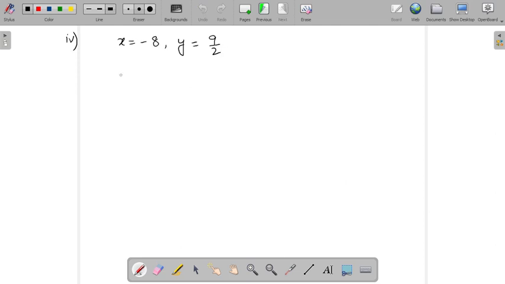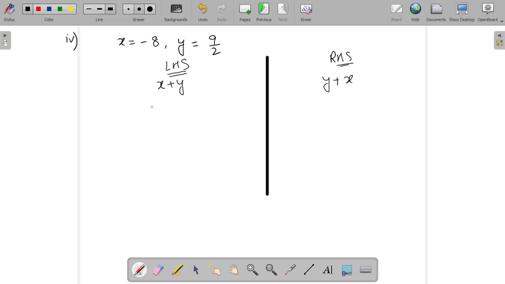Similarly in the fourth part, again we will take LHS. As I have told, LHS means left hand side and RHS means right hand side. So in this question, LHS is x plus y and RHS is y plus x.